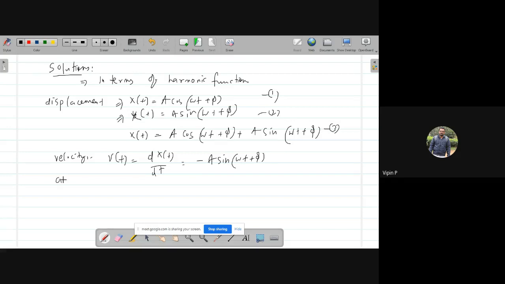Now, if you want to find the acceleration, we again differentiate with respect to time.